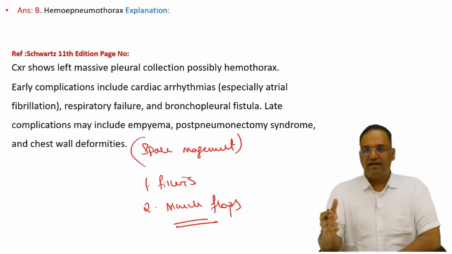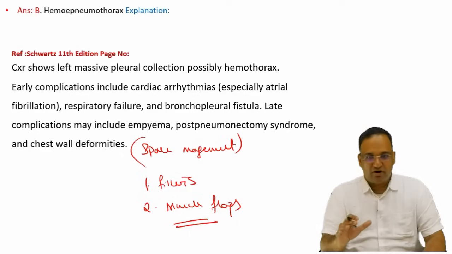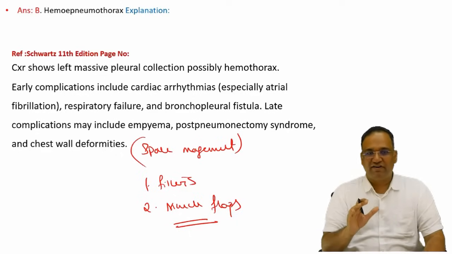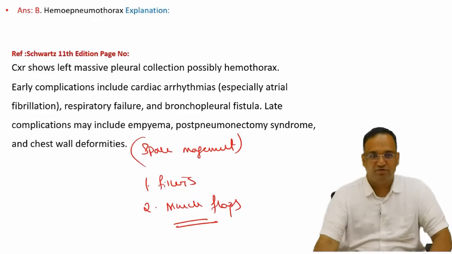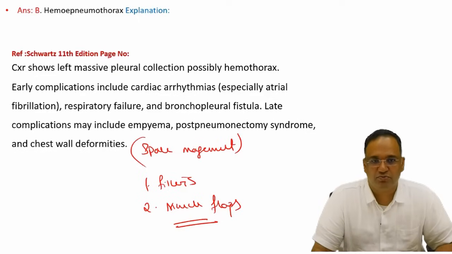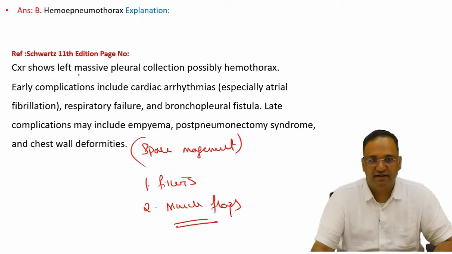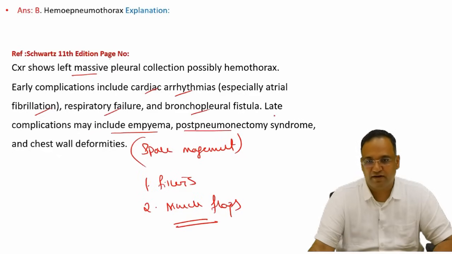To prevent that, you have to effectively manage the dead space after pneumonectomy. Understood? The 11th edition of Schwartz says left massive pleural collection, possibly a hemothorax. Early complications include cardiac arrhythmias, especially atrial fibrillation, respiratory failure, and bronchopleural fistula. Late complications include empyema, post-pneumonectomy syndrome and chest wall deformities.